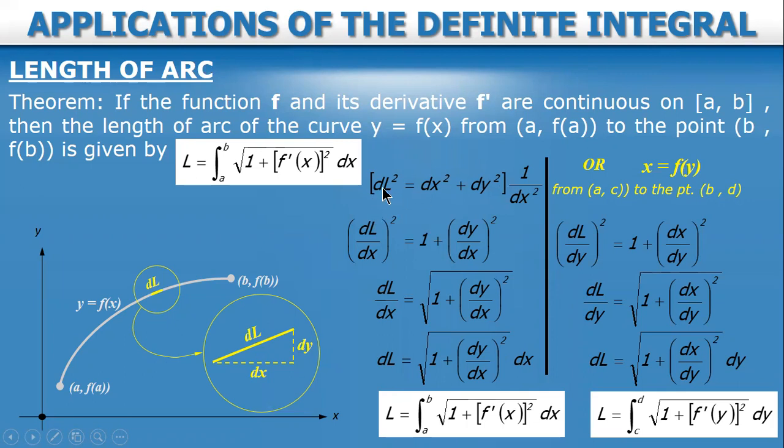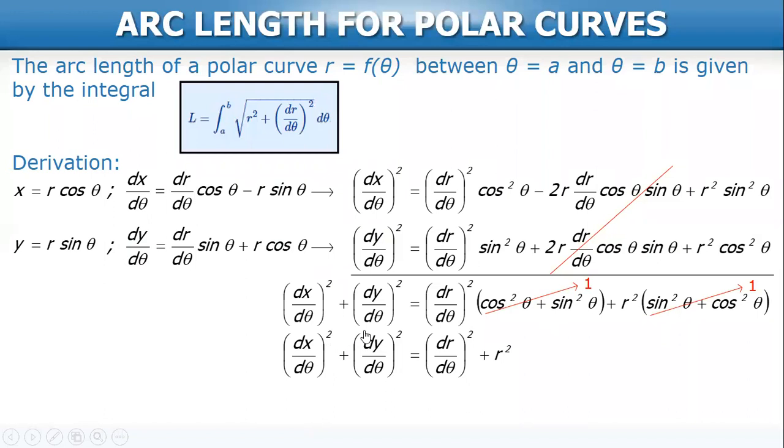Now, if we divide this term by d theta squared, the result would be dl over d theta squared equal to dx over d theta squared plus dy over d theta squared. Therefore, the sum of these two terms is equal to this one, dl over d theta squared.